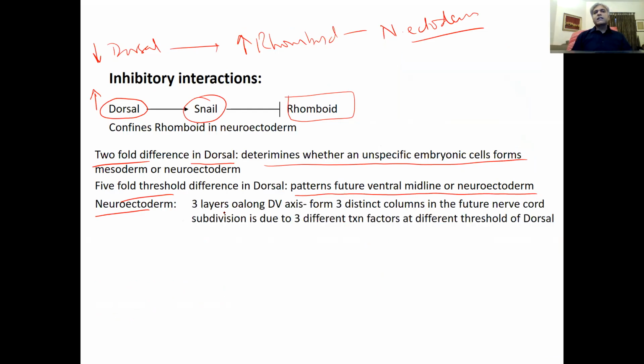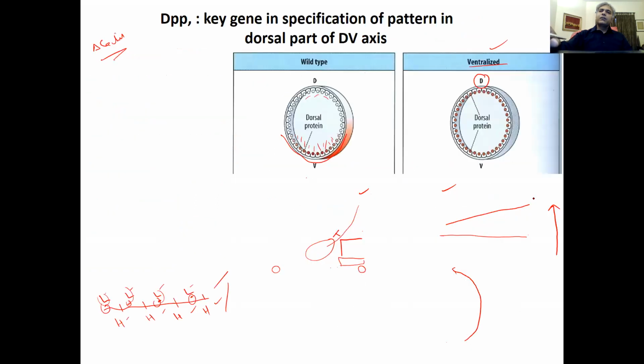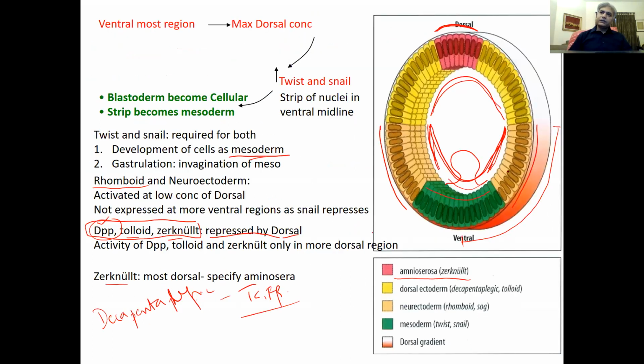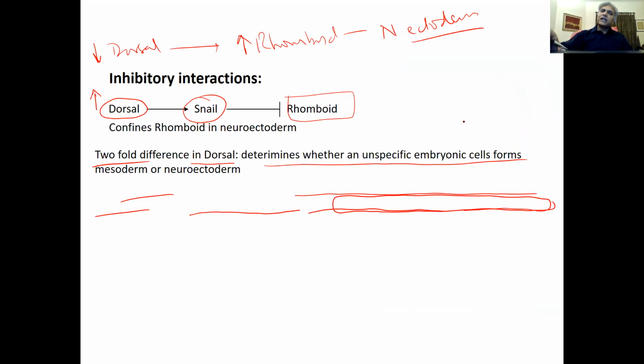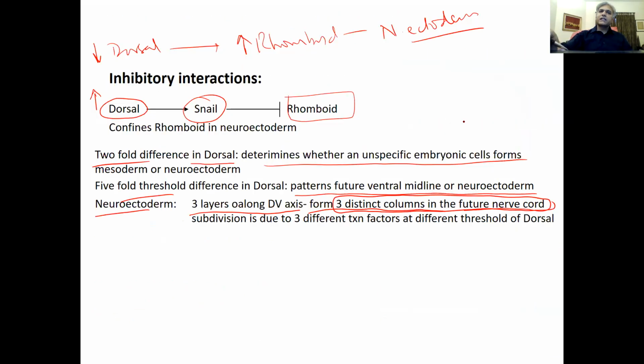There are three layers along the dorsal ventral axis, which form three distinct columns, and these three distinct columns are going to make the future nerve cord. Cells from this region are going to move inwards. They leave their place, and as a group of a few cells in three different layers, they make neuroblasts. Neuroblasts are the early neuronal cells or nervous system cells.